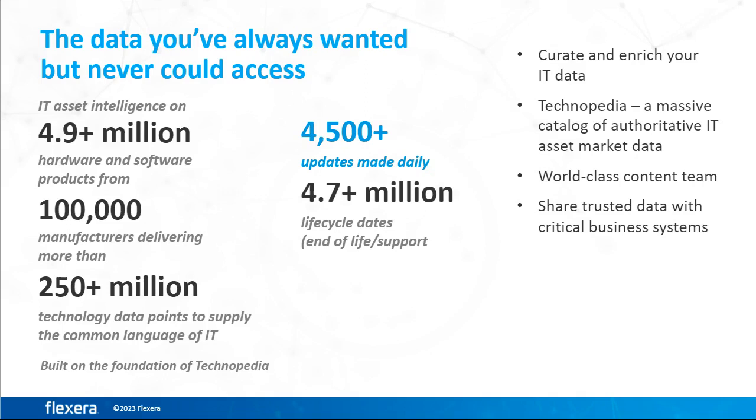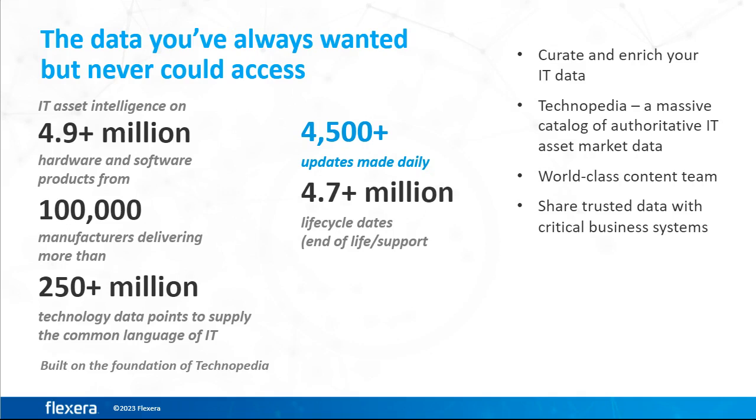And then understanding Oracle, IBM, Microsoft, and all the crazy versions that they do. So that's where these numbers come from: 100,000 manufacturers, 250 million technology data points. We talked about life cycle a little bit.